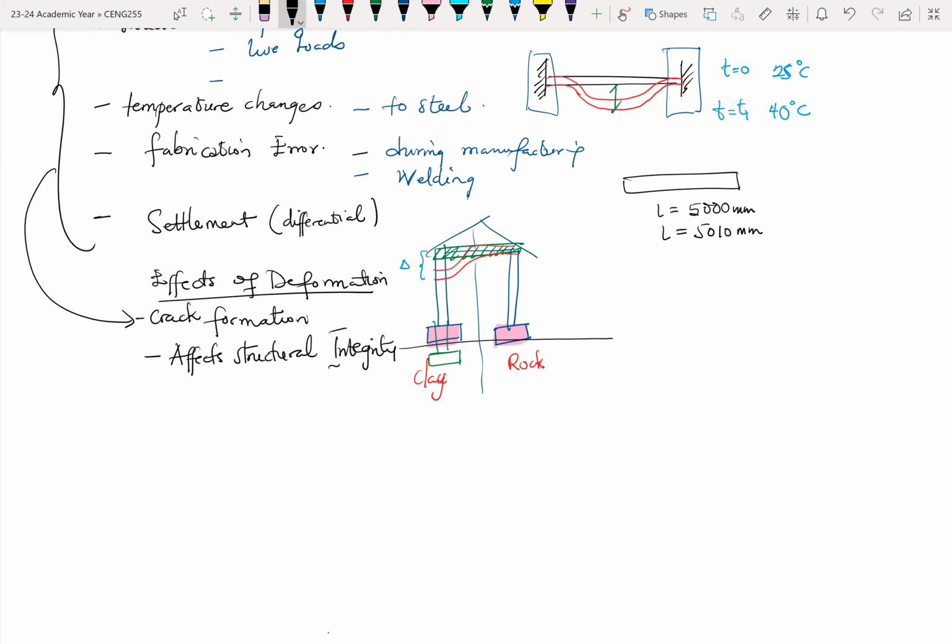Because it didn't look as though it was a failure of the structural members, because the building just went down straight. If it was a failure of the structural members, it would have either gone sideways or so, but this went down vertically. And one of the major causes of that could be the differential settlement of the structure.